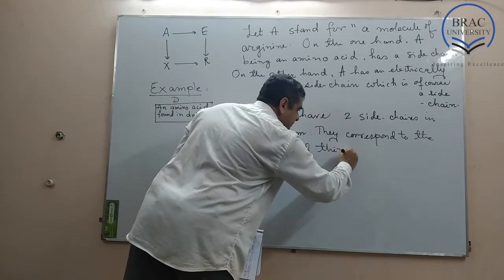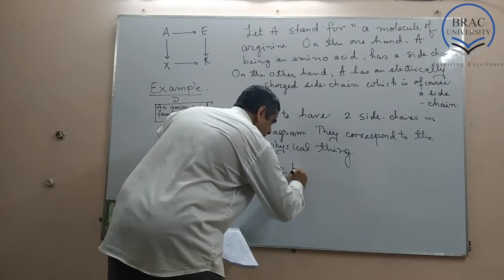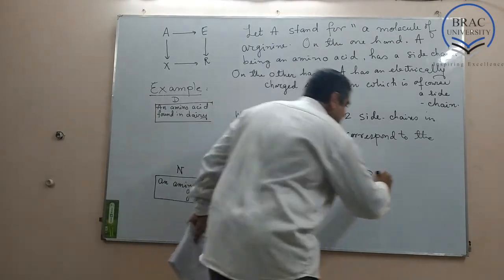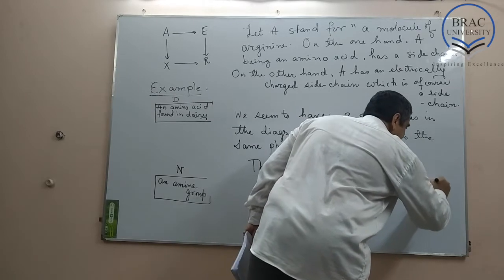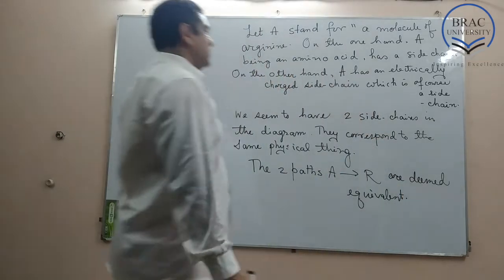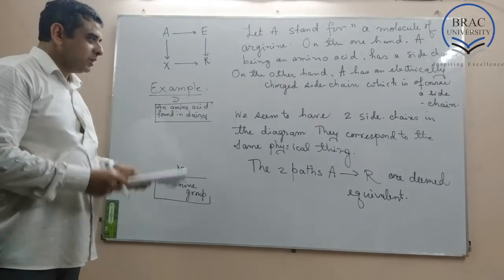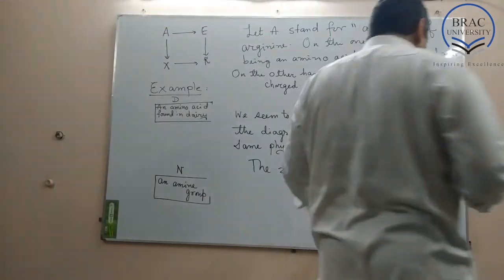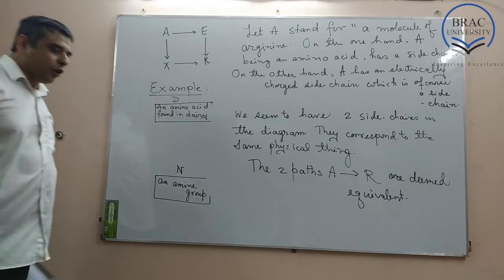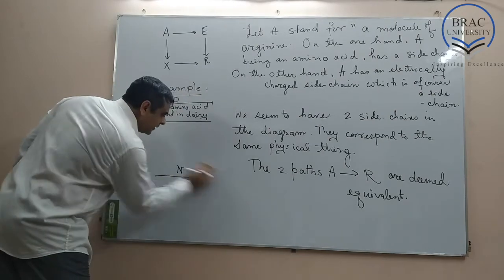And the two paths from A to R are deemed equivalent. Alright, so far so good. Now, this may sound obvious to you, but what is obvious is the most essential, right? So we need to study the obvious things a little more in detail to understand the defects. Alright?